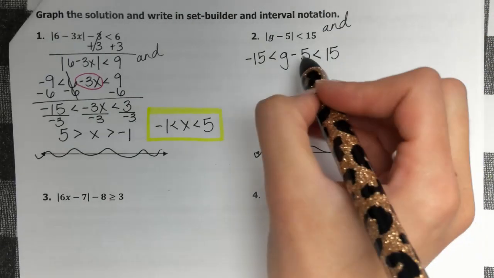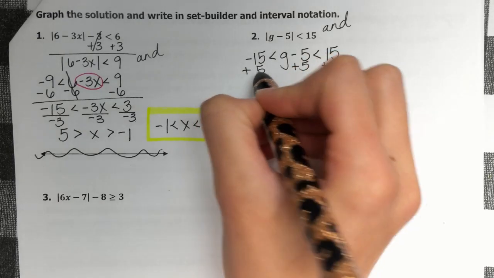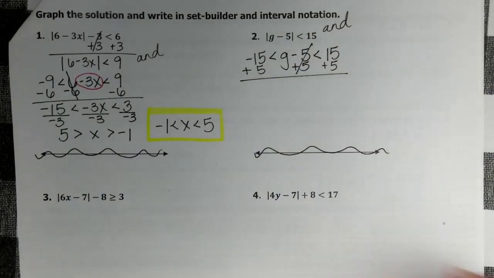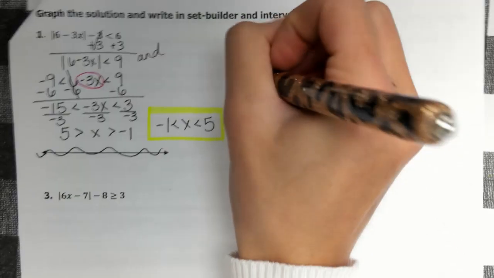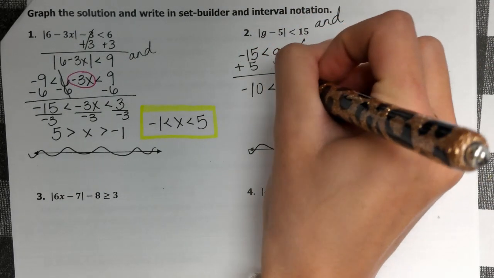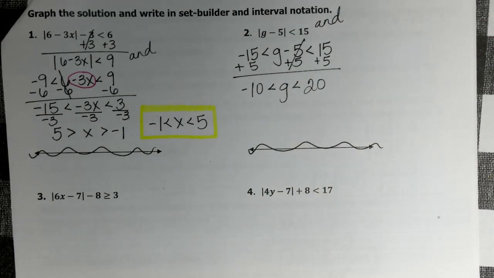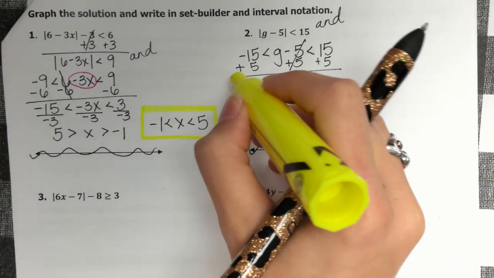So then, I add my 5 to all three sides. Negative 15 plus 5 is negative 10, less than g, less than 20. Is that what I need it to be? So that's my answer.